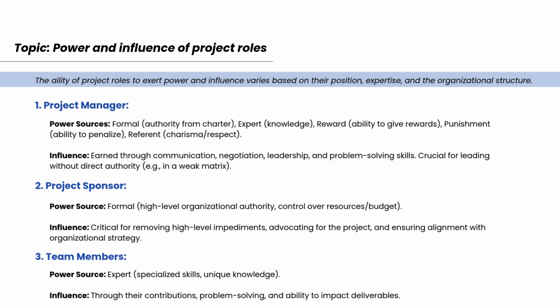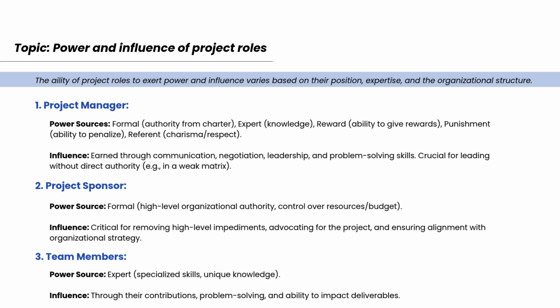Referent, earned through charisma, respect, and relationships. Influence, a PM's power often depends on communication, negotiation, leadership, and problem-solving, not always formal authority. This is especially true in weak matrix structures, where the PM may not have direct control.